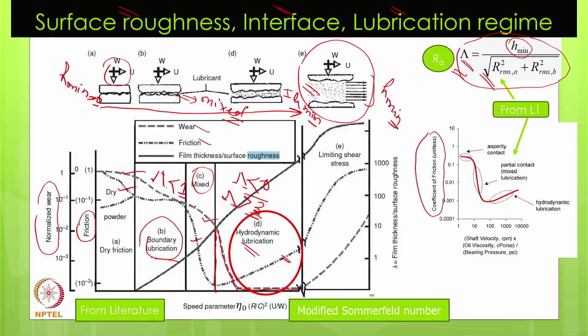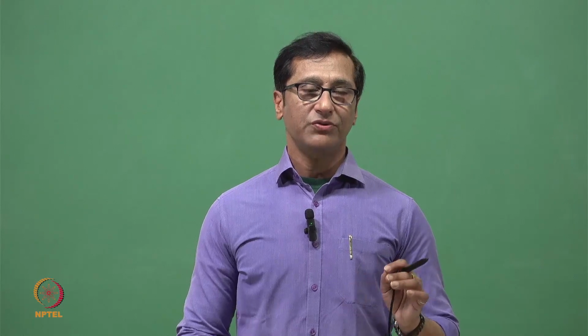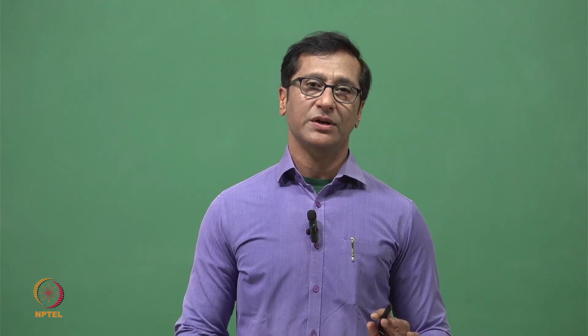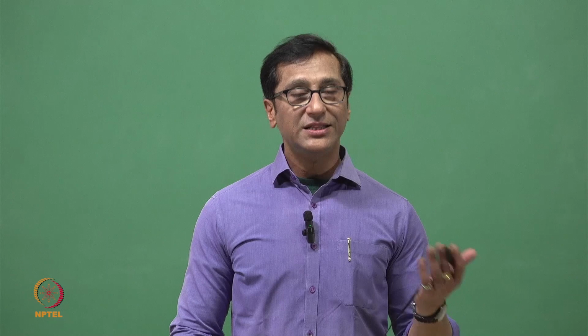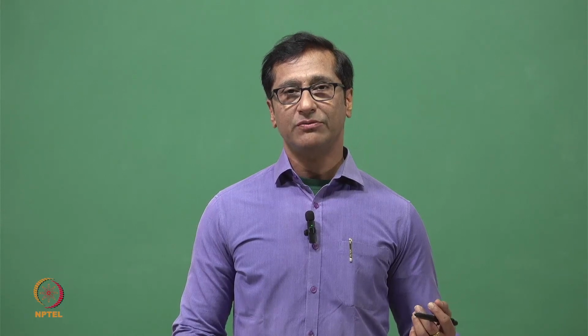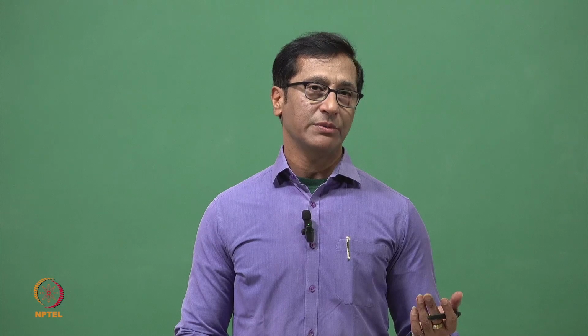But if you look at this region, in this situation particularly, surface roughness is playing a major role. If there is zero film thickness, again surface roughness will not play a role. But if there is any thickness, and we know that even if the environment is quite friendly, a metal surface cannot remain virgin, there will be an oxide film on it, and that will form some sort of minimum film thickness.